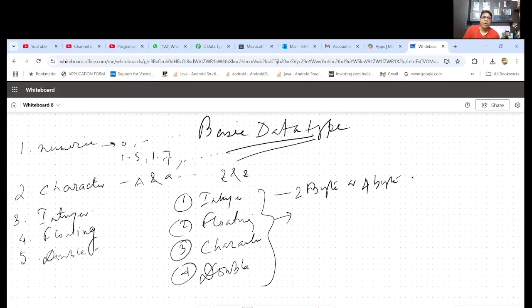A floating point is 4 byte. A character is 1 byte. A double is 8 byte. This is the difference: floating point data takes 4 byte, double takes 8 byte. Why this is so, I will explain.